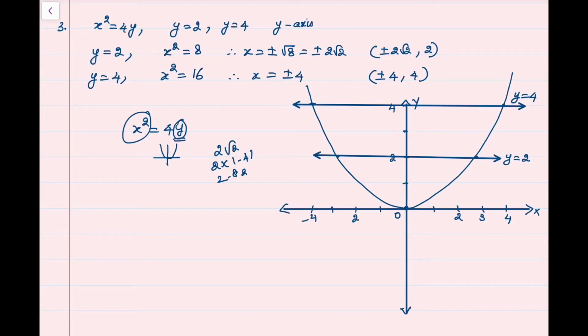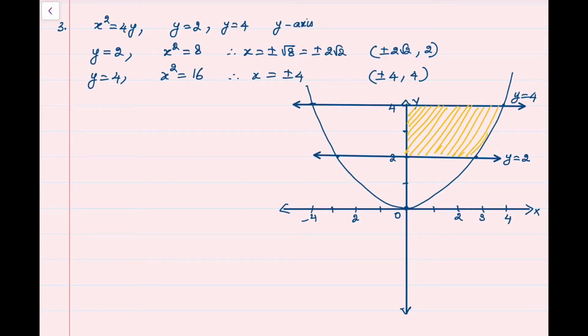Now the area is bounded by these 4 curves: parabola, y is equal to 2, y is equal to 4, and the y-axis. Let us shade the region in the first quadrant. Now this region is bounded by the y-axis, so we will do integration with respect to y.